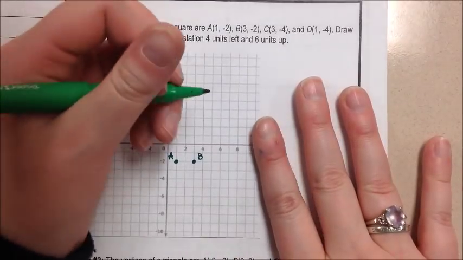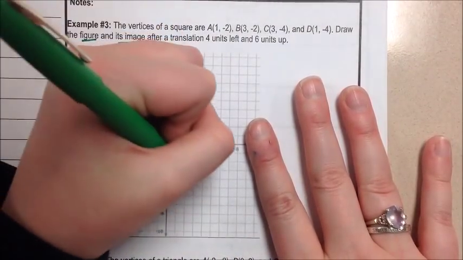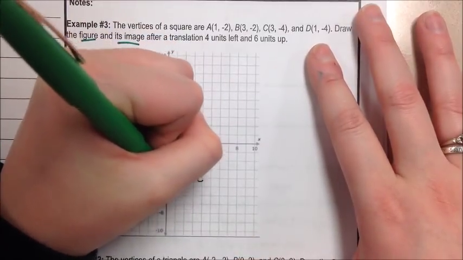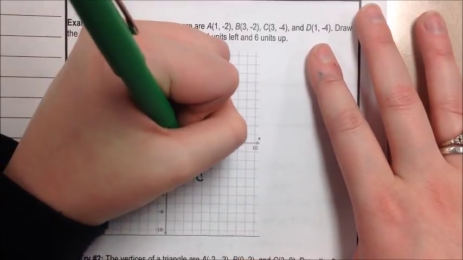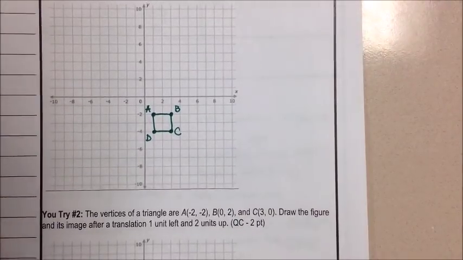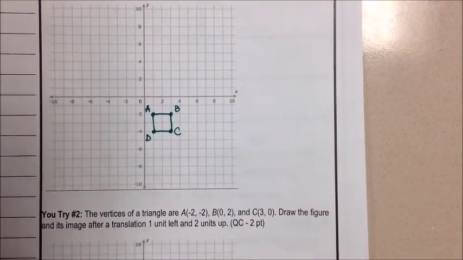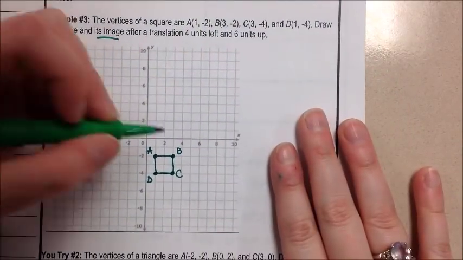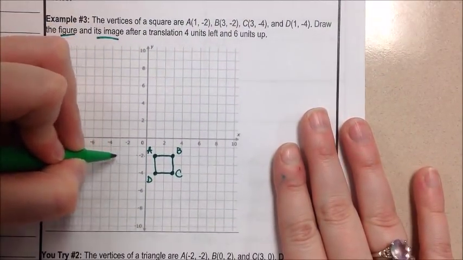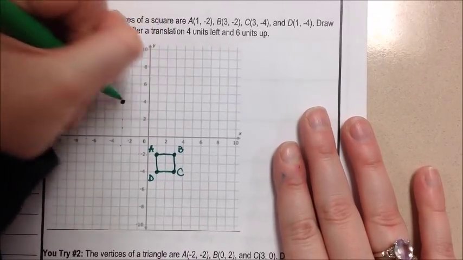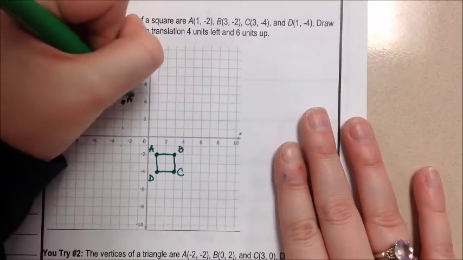C is at 3, -4. And D is at 1, -4. Okay, so now that I have figure A, B, C, D, I can translate 4 units left and 6 units up. So 4 units left, 6 units up. So that's my A prime.